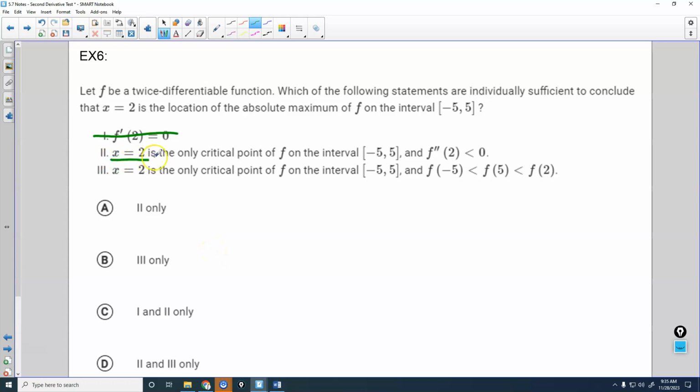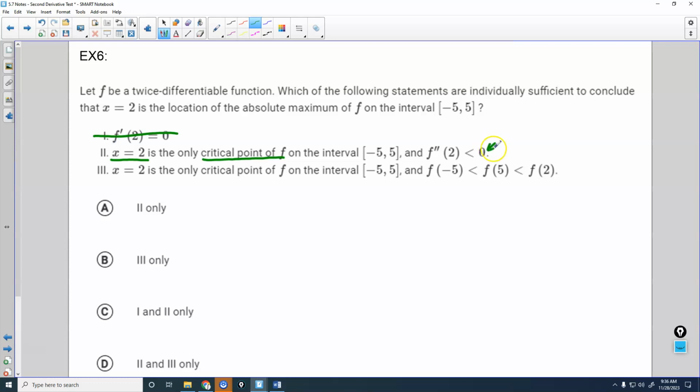If x equals 2 is a critical point, then that is a place where our derivative is 0 or undefined, but since we're twice differentiable, it's going to be 0. So that's basically the same as saying f prime of 2 is 0, our first step of the second derivative test.